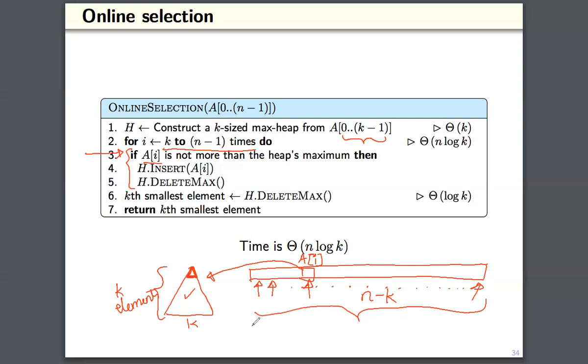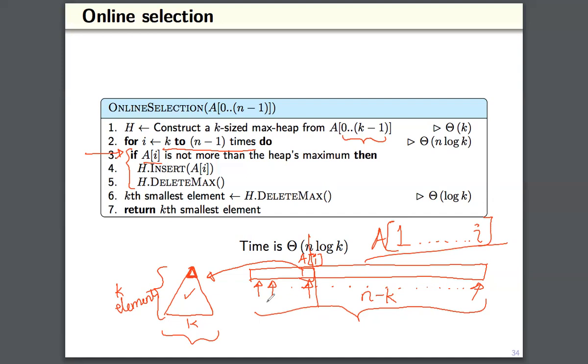So you insert A of I and you delete max, so that once you have scanned till A of I, this heap holds the smallest k elements from A of 1 to I. Make sense?